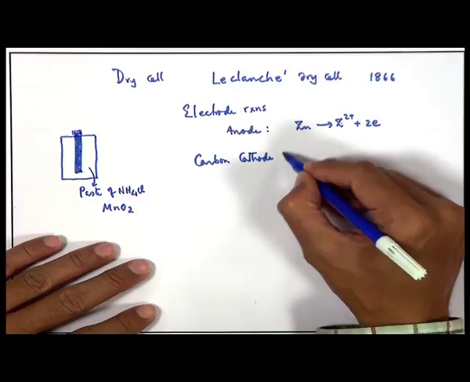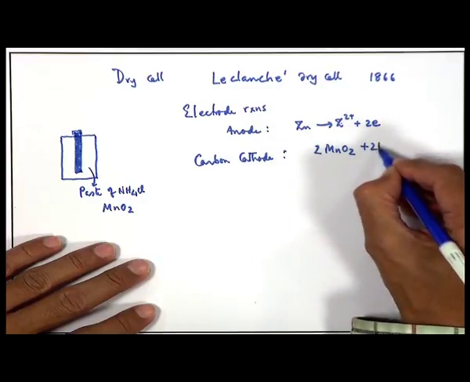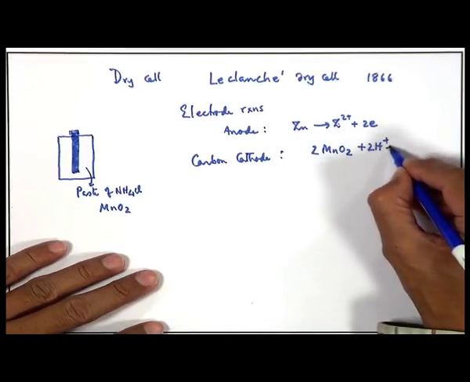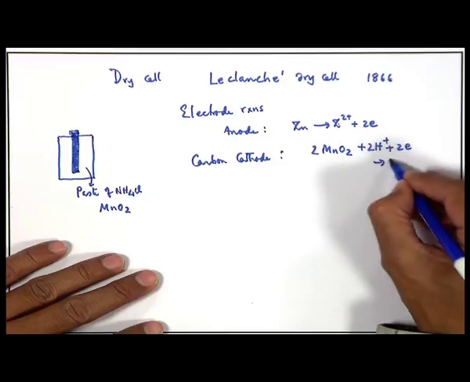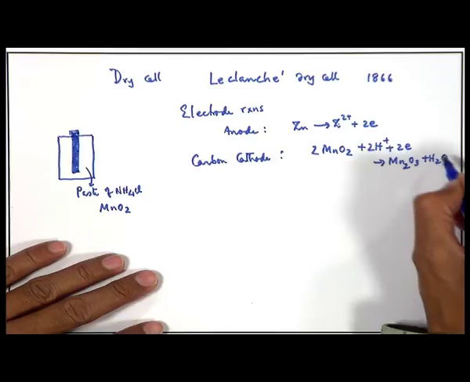So, the carbon cathode reaction is 2 MnO2 plus 2 H+, that is coming from the ammonium ion, plus twice electron, that gets you Mn2O3 plus H2O.